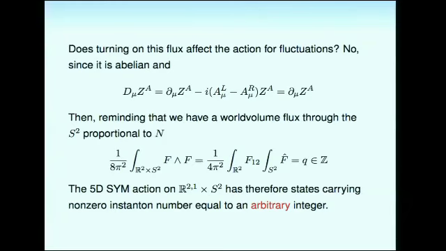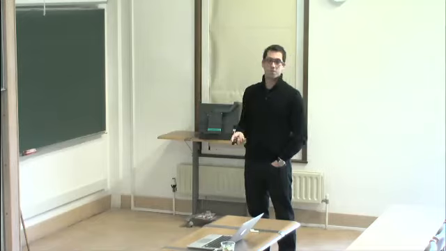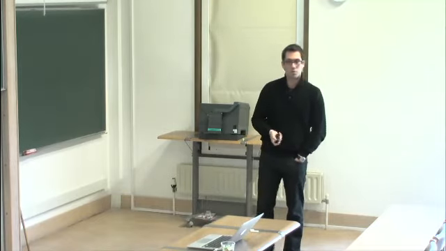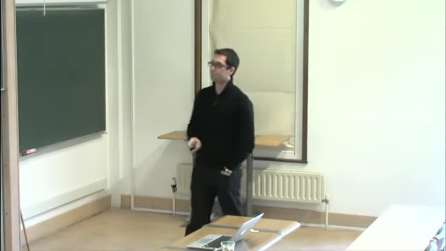And this, in this particular case, splits into this flux over R², which is what we turned on in ABJM, and this flux over S² that I told you was keeping this sphere from collapsing to a point. So this had the fractional brane condensation condition, Q over N. This is proportional to N, and in fact, you see that turning on Q units of ABJM flux corresponds to turning on Q units of instanton charge from the point of view of 5D Yang-Mills.